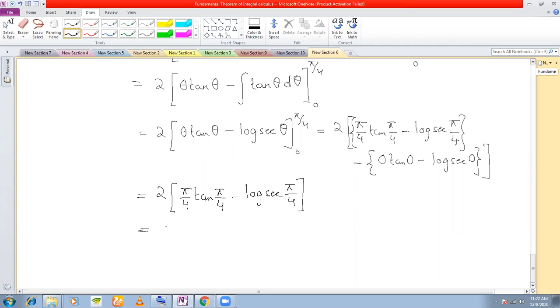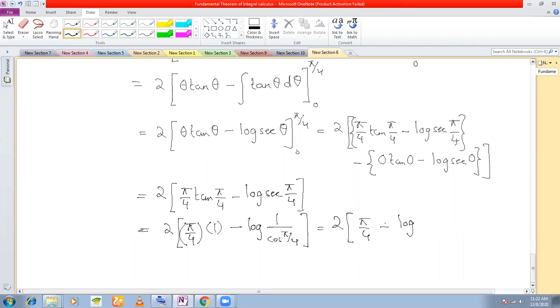Now you simplify this. You'll get twice pi by 4 tan pi by 4, which is 1, minus log sec pi by 4. Log, change sec to 1 by cos pi by 4. Twice pi by 4 minus, now what is cos pi by 4?